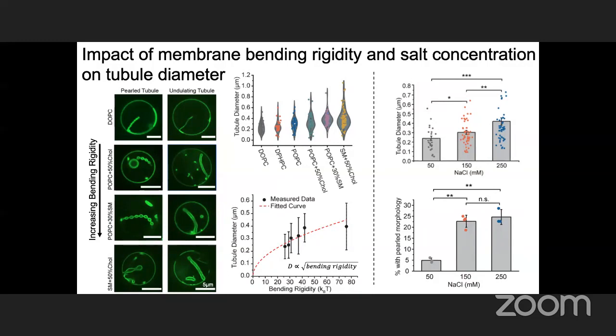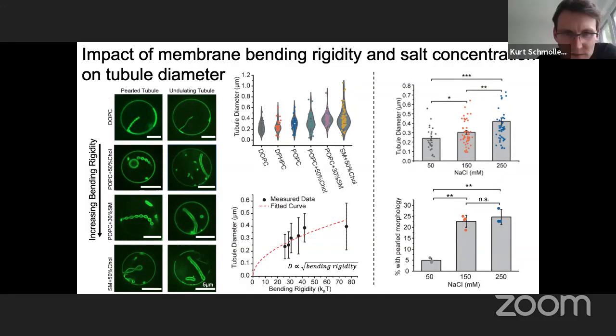Under our experimental conditions, the temperature is above the melting temperature, so there shouldn't be lipid phase separation. So the lipid composition should be uniform in our vesicles.